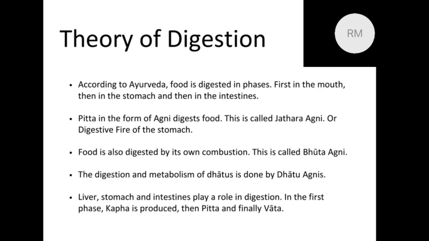So these are the three types of Agni. We have one Jadaragni, and can you tell how many Bhutagnis are there? How many Bhutagnis are there? 5. Exactly.